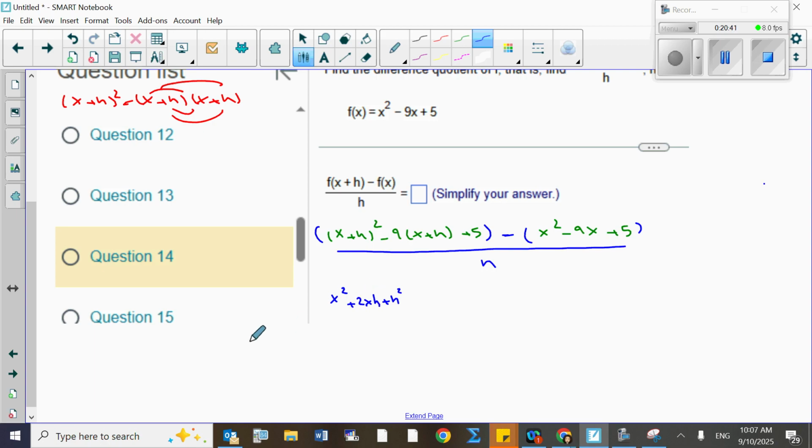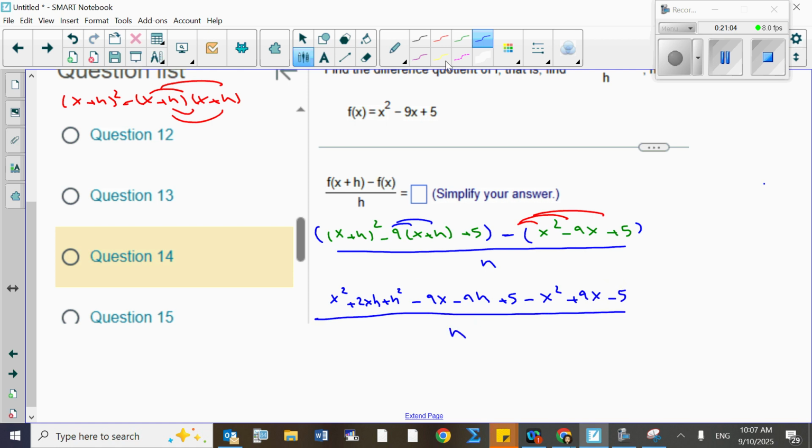This is the first one. And then distribute the negative 9. You will have negative 9x and negative 9h plus 5. Now distribute the negative. So we'll have negative x squared plus 9x minus 5.